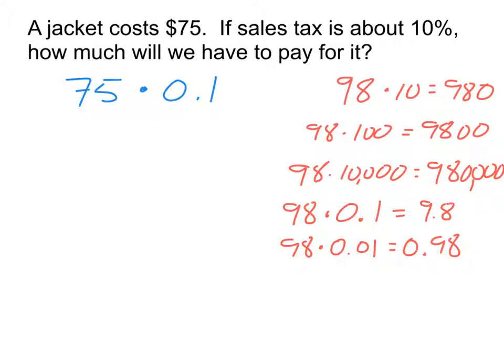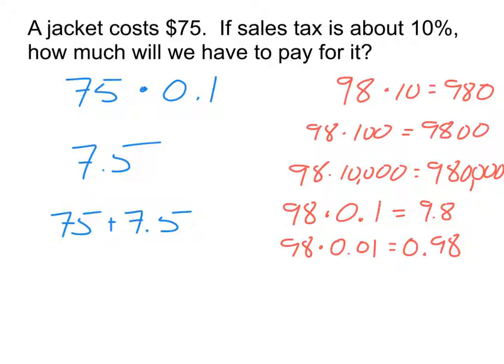What will 75 times 0.1 be? 7.5. There we just did it. Quick and easy without a calculator. We figured out what it is for the sales tax. Now notice we're not done with this answer though yet, because we want to know how much we will have to pay total. In order to figure out the total then, we're going to have to do 75 plus 7.5. You can do that without your calculator.